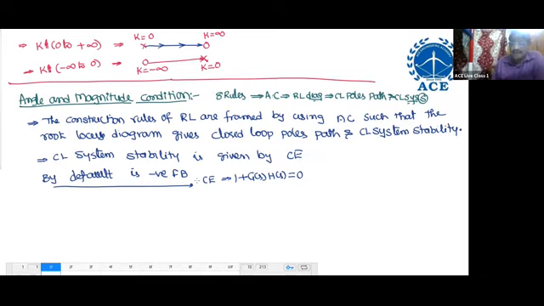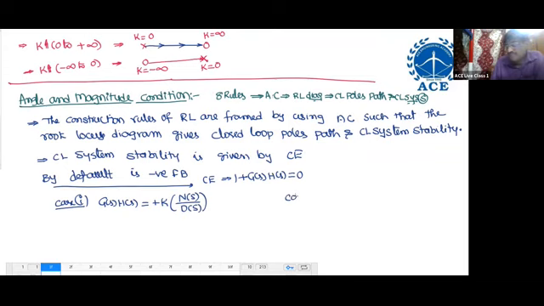So here, I'll take G of s H of s. For example, I consider only negative feedback, but I'll take two cases. Case one: G of s H of s equal to positive K times N of s by D of s.